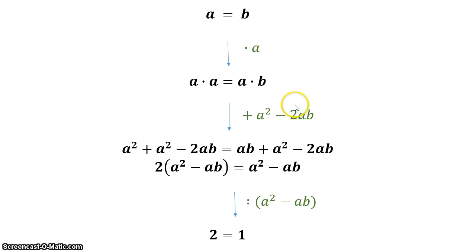Then, of course, I may add any number to both sides of my equation, and again, the set of solutions of this third equation is the same as the set of solutions of my second equation. So my third equation is equivalent to the second one.